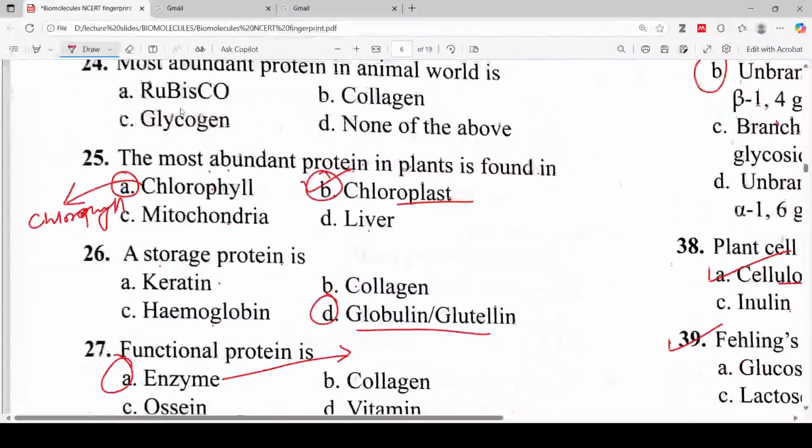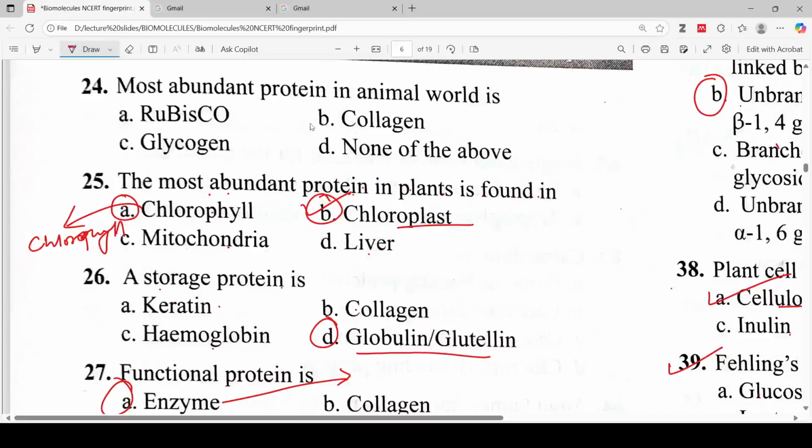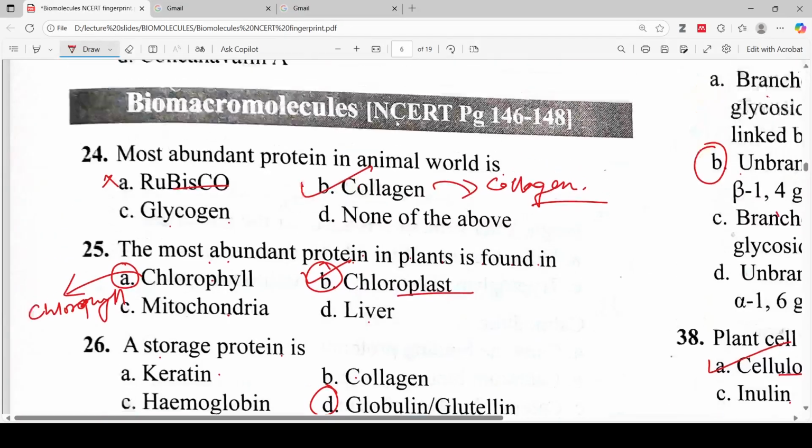The most abundant protein in animal world is: rubisco is a plant protein, and glycogen, collagen is an animal protein. So the most abundant protein in the animal world is option B. Definitely collagen will be the correct answer for this question.